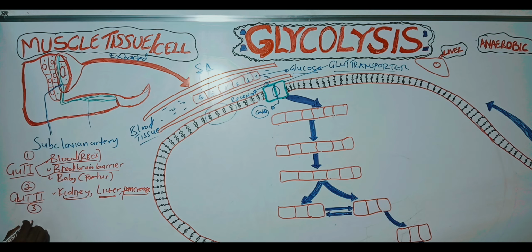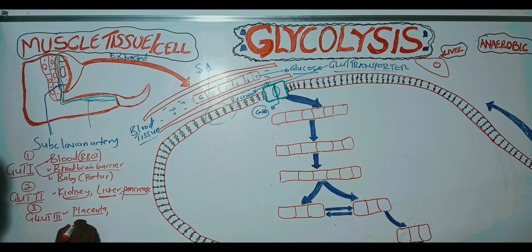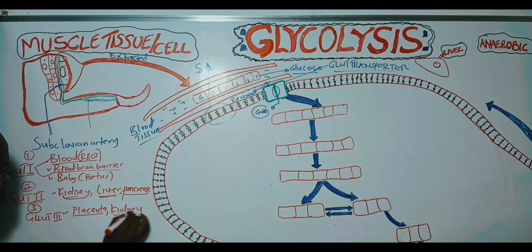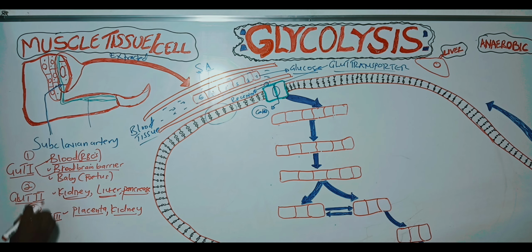These are called the GLUT 3 transporters. Here we majorly have the placenta, which is between the mother and the baby. The kidney can also have these transporters, both GLUT 2 and 3.